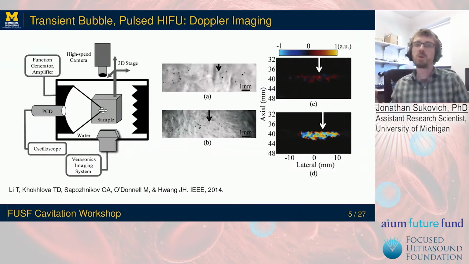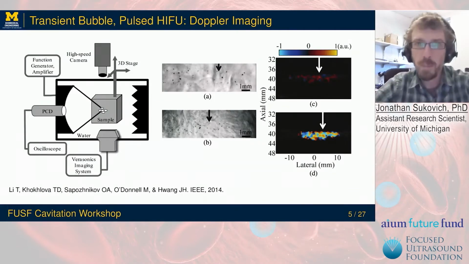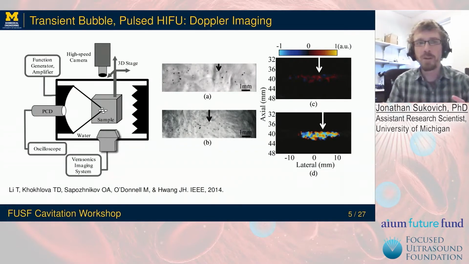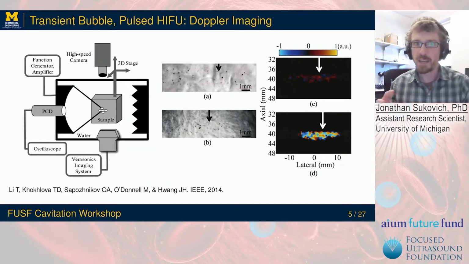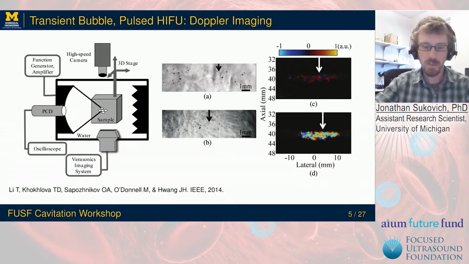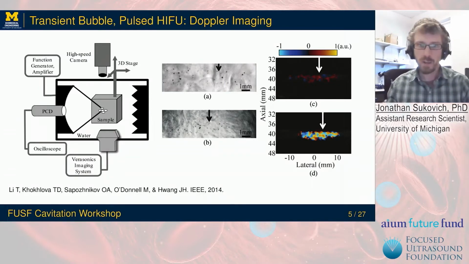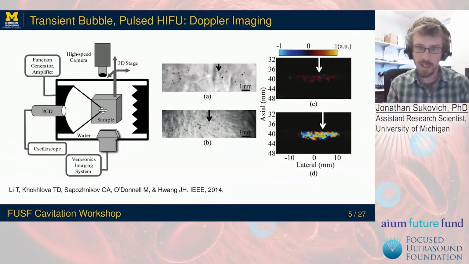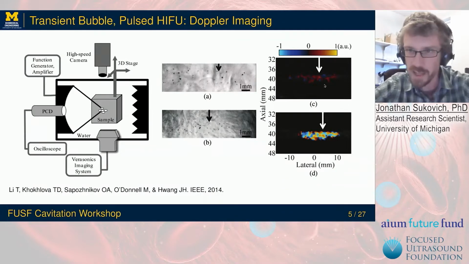In addition to B-mode imaging, you can do bubble Doppler imaging, which is really well suited for monitoring transient bubble clouds. In Doppler imaging, the idea is that instead of relying necessarily on scatter of the incoming ultrasound pulse from the bubbles, you're looking instead for chaotic motion generated by the nucleation and collapse of these bubbles, which generates these chaotic velocity fields.